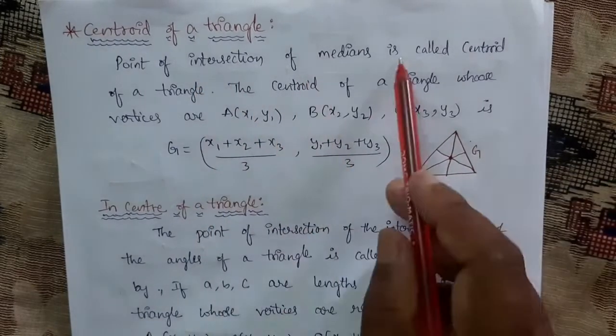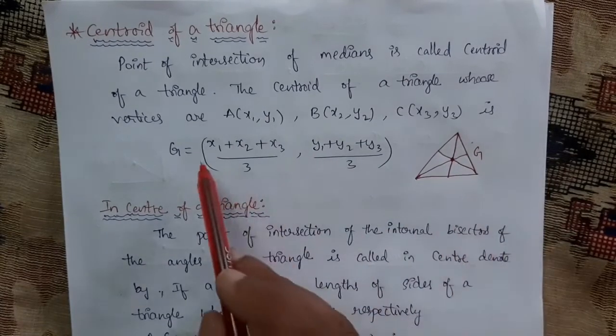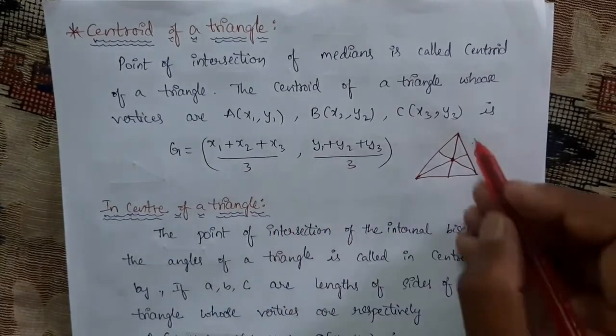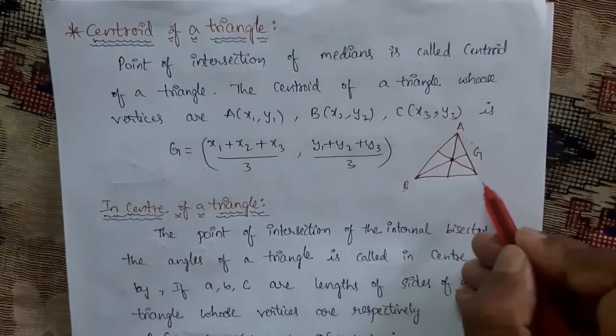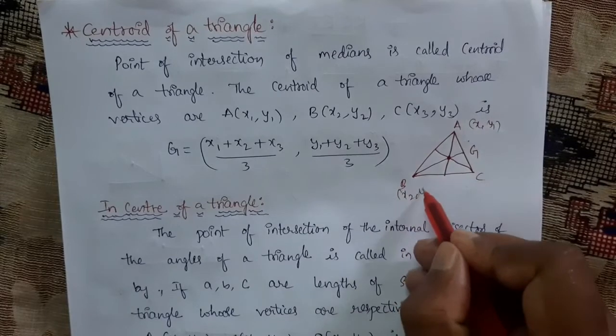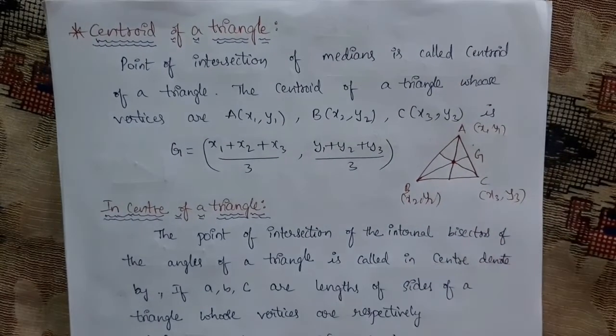So the formula is G is equal to (x1 plus x2 plus x3) by 3 comma (y1 plus y2 plus y3) by 3. For example, if these are points A, B, C: x1 y1, x2 y2, x3 y3.